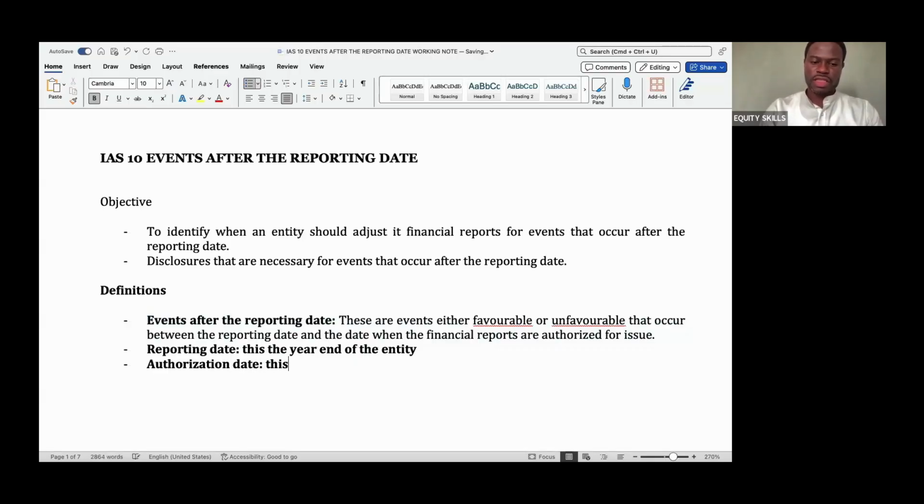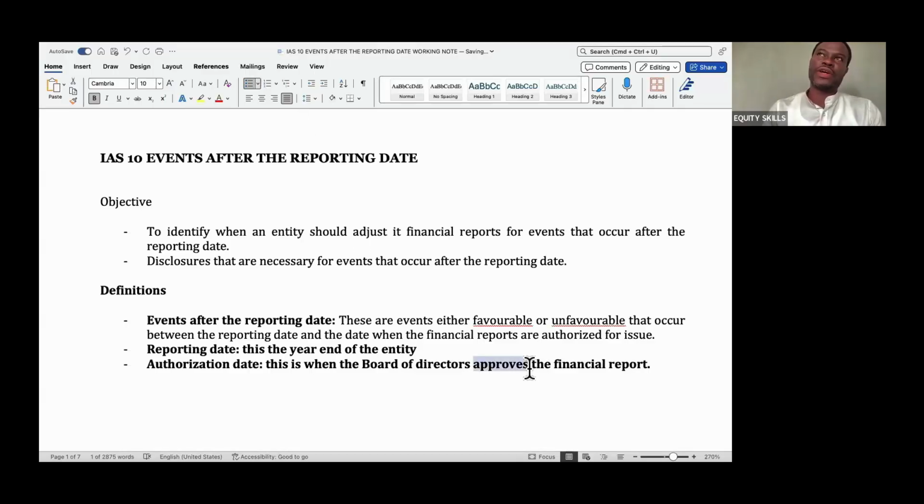this is the date when the directors or the board of directors approves the financial reports. It's not even the day when shareholders approve it. It's the day when the board authorizes or approves the reports.